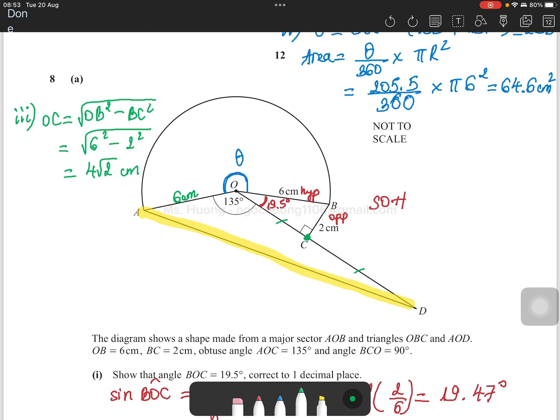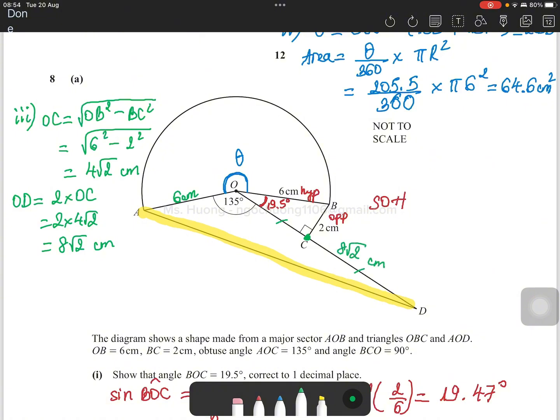And then we can find the length of OD by doubling the length of OC, which is 2 multiplied by 4 root 2. So OD is 8 root 2 centimeters.